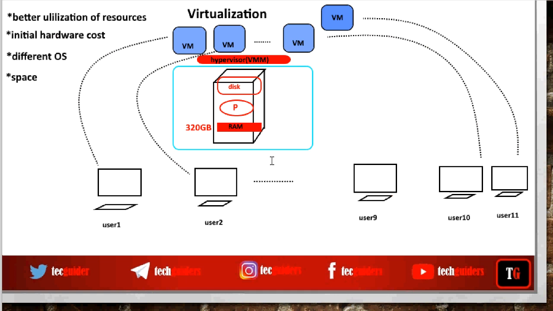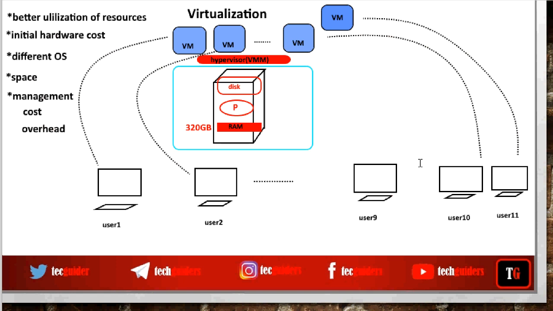Then the space required for the hardware resources can be reduced. Now, since all these resources are maintained at a single location, managing them is easier. The managing overhead can be reduced, and also the cost overhead with respect to power and cooling can be reduced.